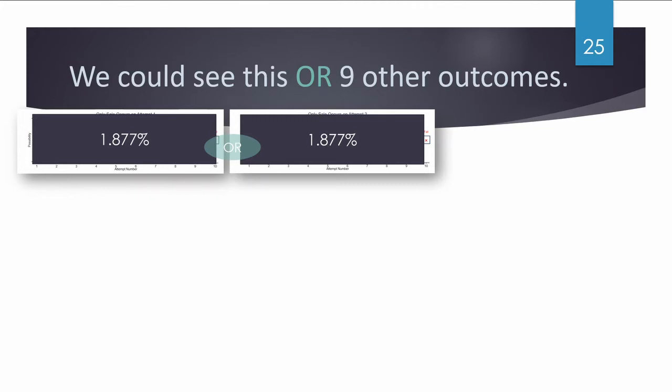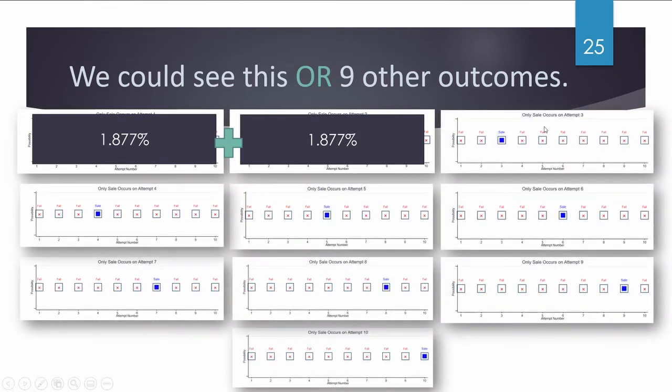But here again, remember that the word "or" actually means add. So if we're going to account for the probability of one sale, we need to keep in mind that it could happen in a variety of different ways. I could get 1 sale exactly if I sold to the first client, or if I sold to the second client only, or the third client only, or fourth client only, or fifth, or sixth, or seventh, or eighth, or ninth, or 10th only.